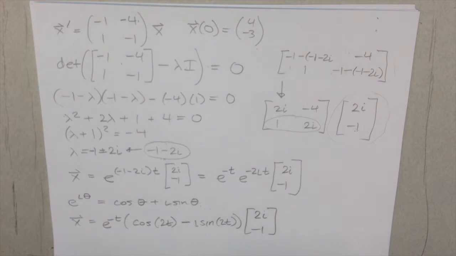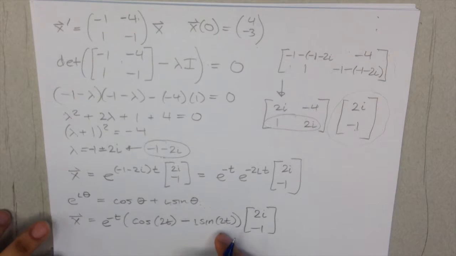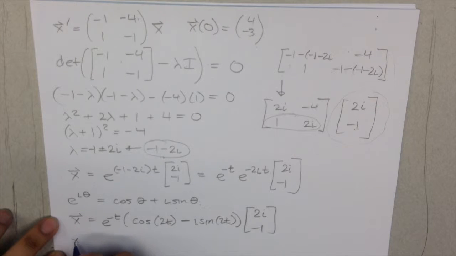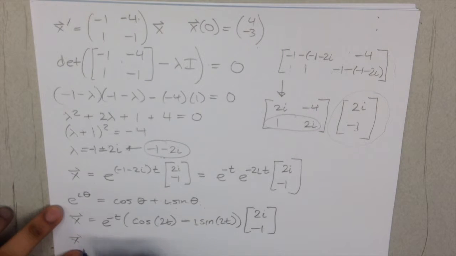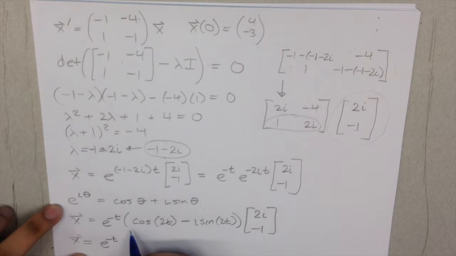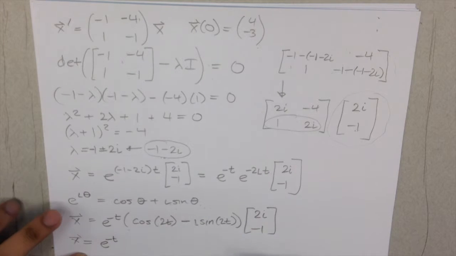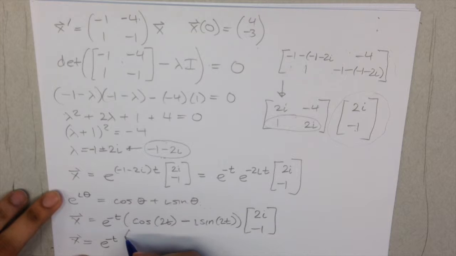Now, what's the goal from here? The goal from here is to separate the imaginary and the real parts. So we multiply it out, and we get the following. Notice I'm going to keep the e to the negative t term on the outside because if I don't, this gets very annoying to deal with. But when we multiply things out this way, we just separate imaginary and real components.